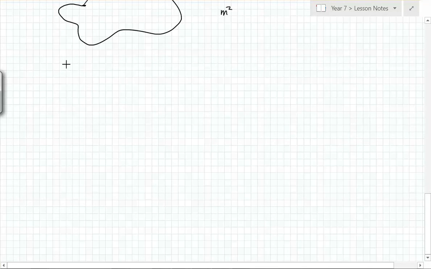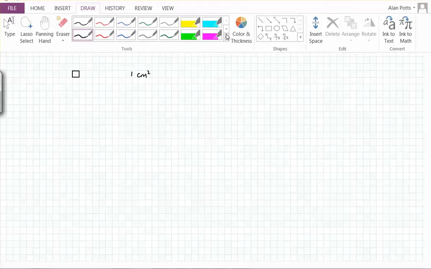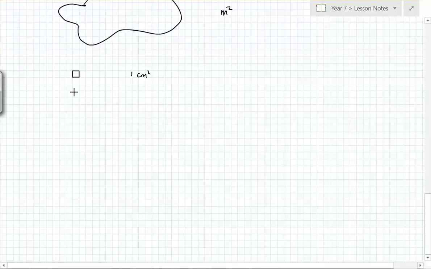So I've got a square that's 1 centimetre. You can write this down afterwards. What's the area of that square? 1 centimetre square. Okay. The next square that I can draw is this square. 4 centimetre square. Okay, so that would be 4 centimetres.